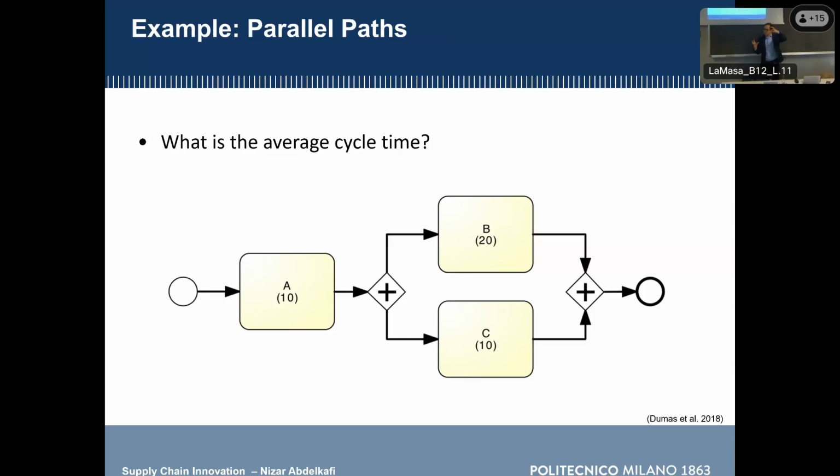And then once we have both tokens, this gateway will fire, and then we will go out of the process. So how long is it in order to complete this process? It's 30, exactly. So it is 10 plus the maximum. So with the plus gateway, it is the maximum of the durations of B and C. So it is 10 plus 20, which is 30.